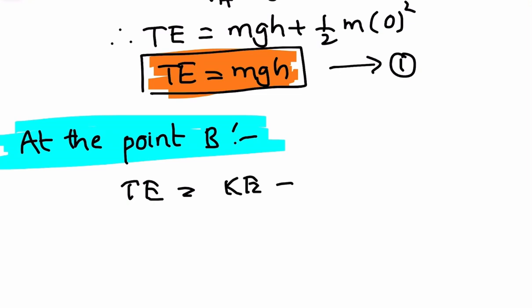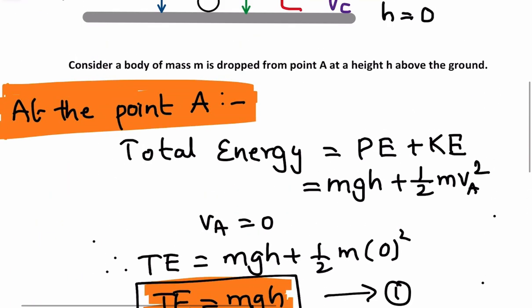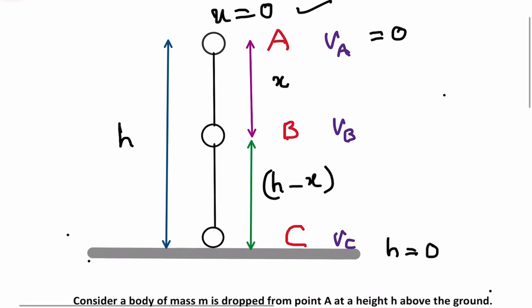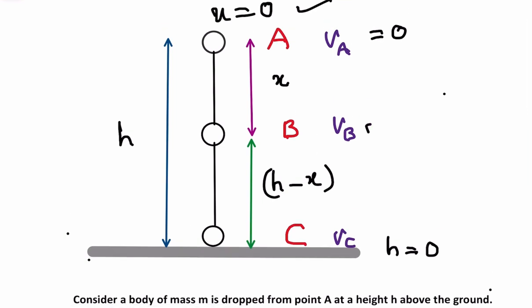Now if you see, from the ground it is at a height of h minus x. You can clearly see here the point B is at a height of h minus x from the ground. The height of the point B is h minus x, and it travelled a distance of x from the point A. Therefore, let us see now.